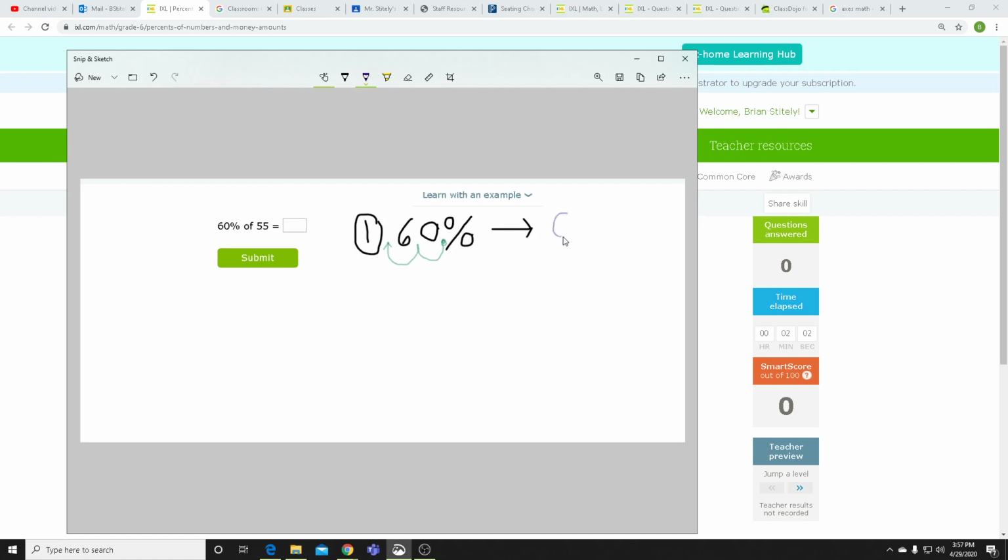That means that 6 is in the tenths place. So in decimal form, 60% is 0.60 or 0.6. They'd be the same thing. So let's take our extra step here. Remember, I said this was the same thing as 0.6.